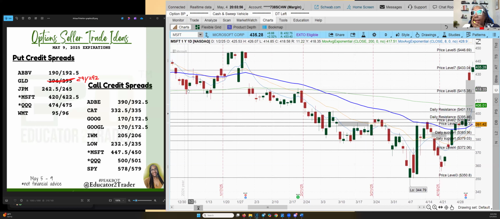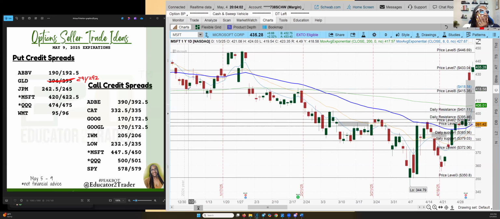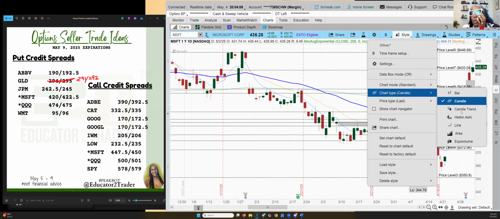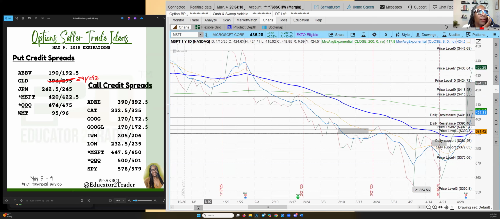There's another one right in here at 418. I may need to change it to a line chart too because it's getting crowded in there. Right in here, see some support and resistance back from January, where there's some support and resistance.